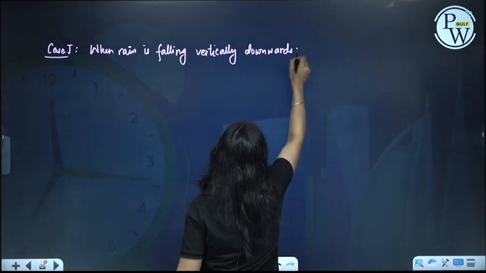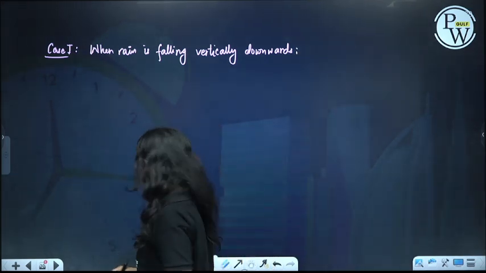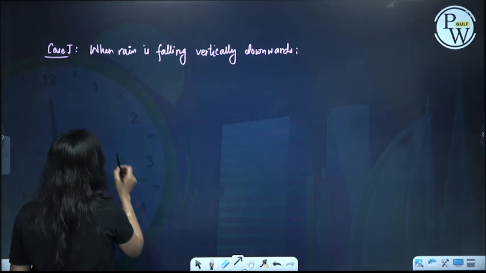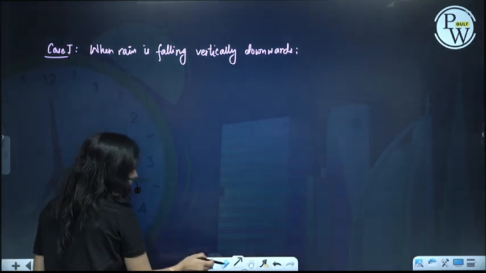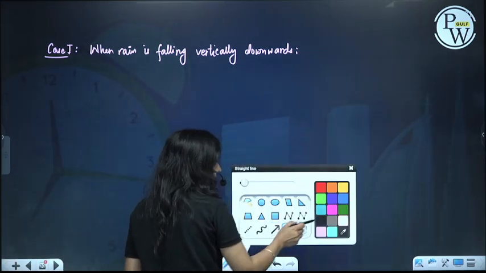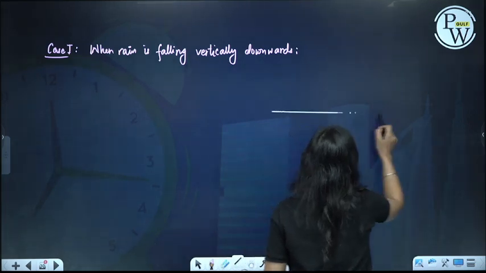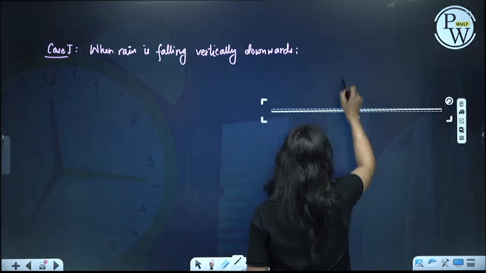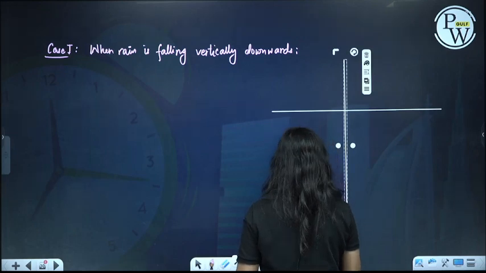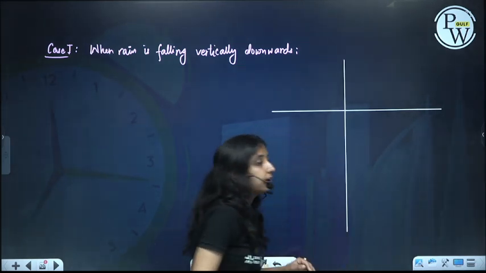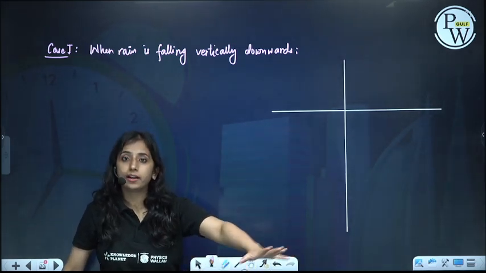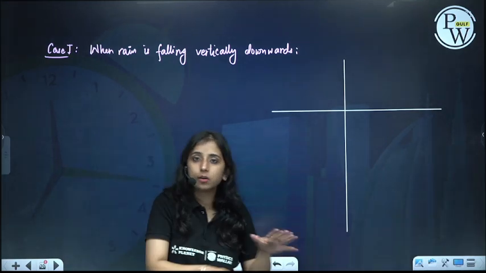When rain is falling vertically downwards, let us draw that. We have two directions. One will be like this and the other like this. Now let us take this as a direction in any plane, that is, any plane in which we are moving.